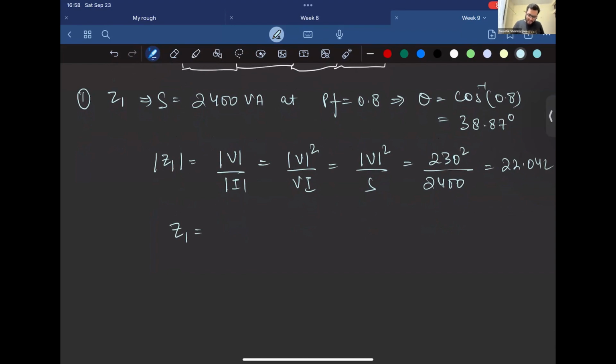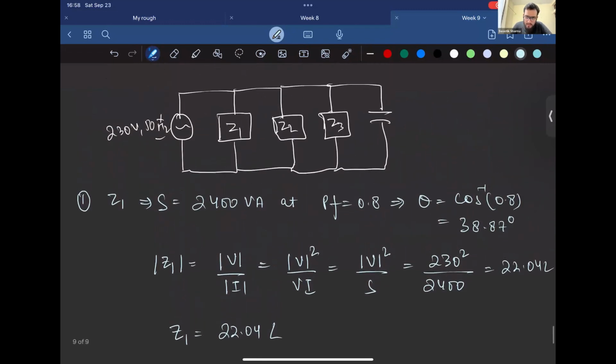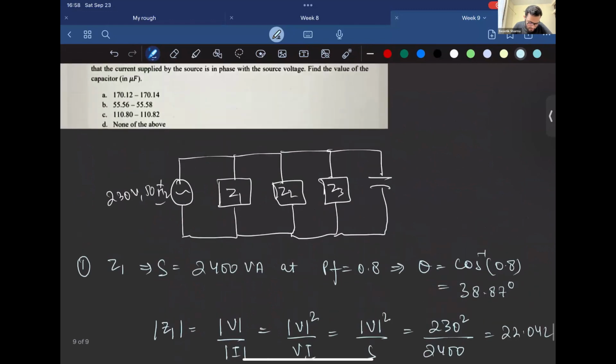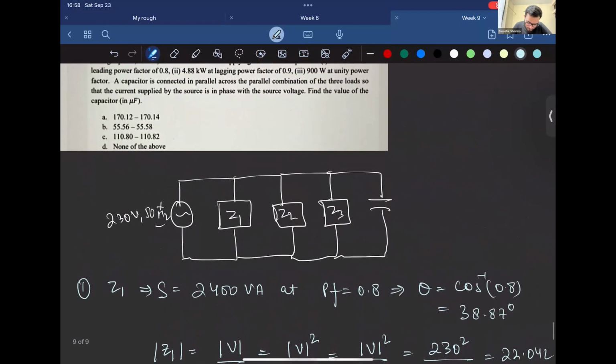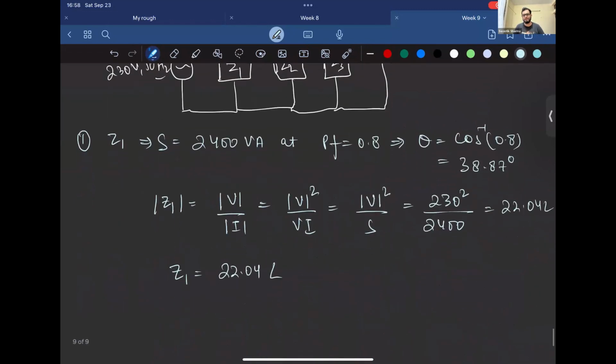So now I have the magnitude of impedance. Can you tell me in polar form what I should write as an angle? Would it be positive 38.87 or negative 38.87, given that the current it draws is leading?